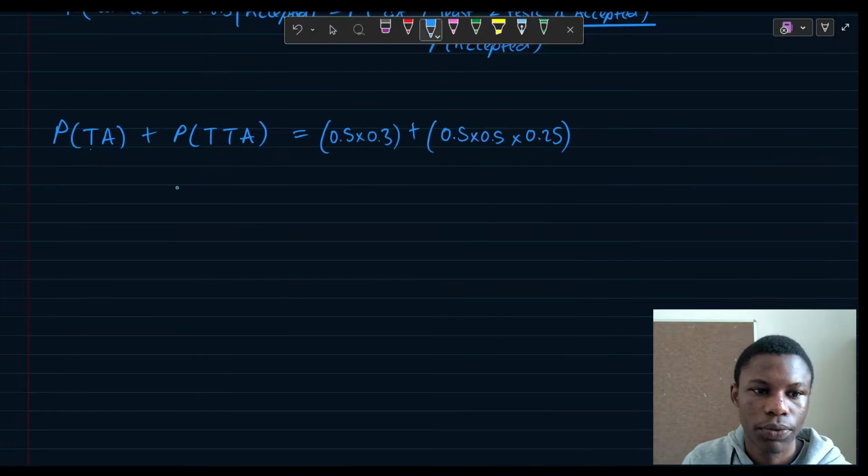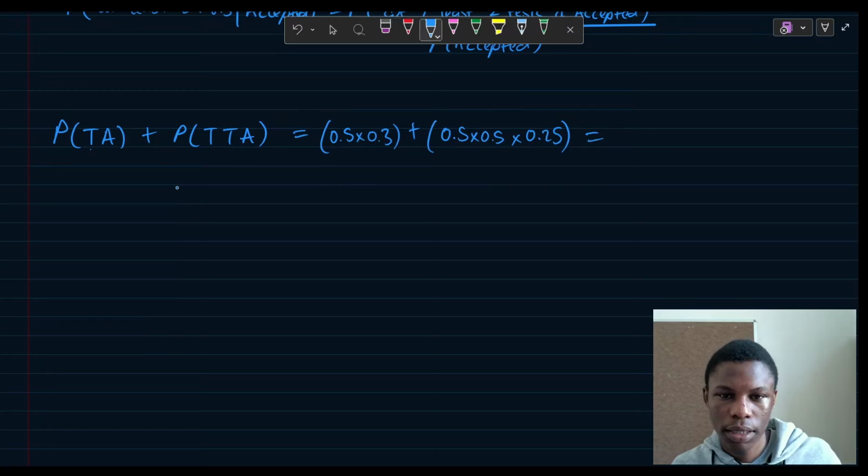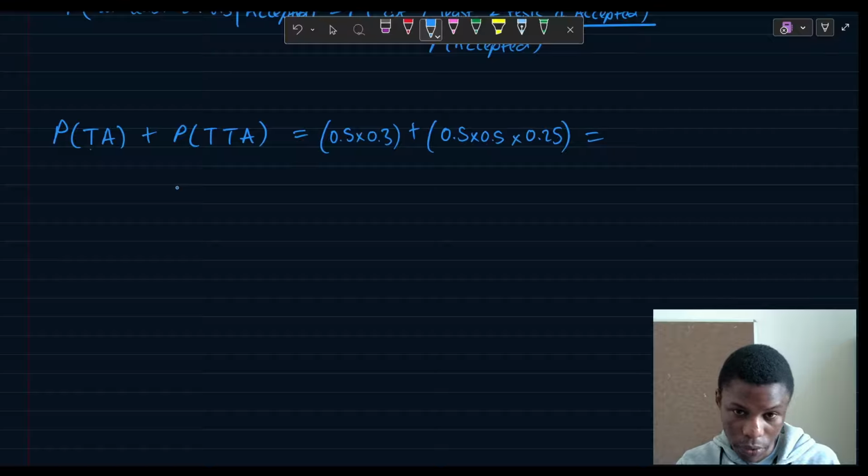If we simplify, that is 0.5 times 0.3 plus 0.5 times 0.5 times 0.25, which is 17 over 80 or 0.2125.